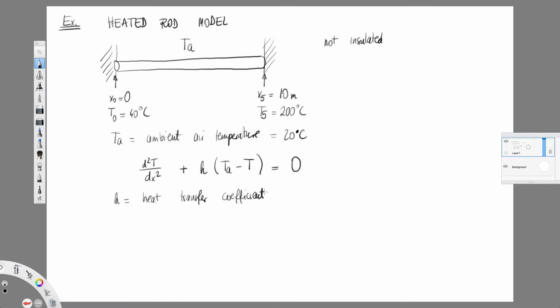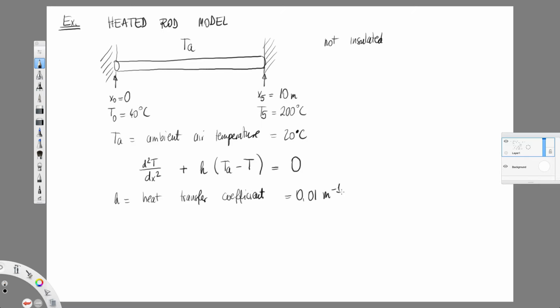So there's a certain rate of transfer between the rod and the air. And it's given per length, so in this particular case it's 0.01 meter inverse, or 1 over meter. So I can also see that essentially the larger the difference between the temperature of the rod at a given point and the ambient, I'm going to have a larger transfer.